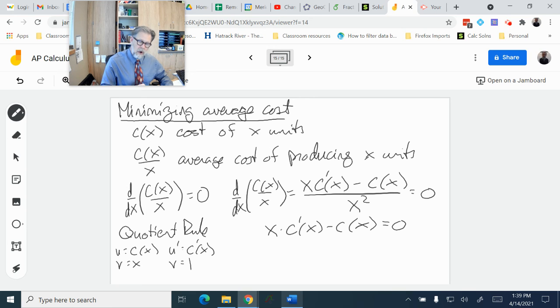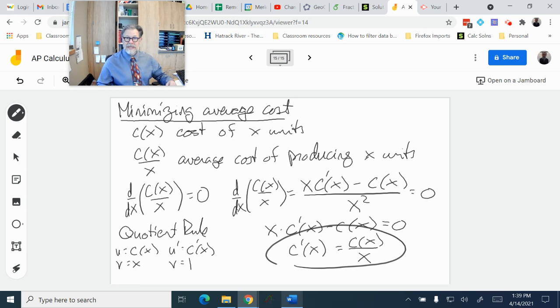Adding cost, dividing by the number of units, I get that the marginal cost must be equal to the average cost. If I want to minimize my average cost, I have to make that average cost equal to the marginal cost.